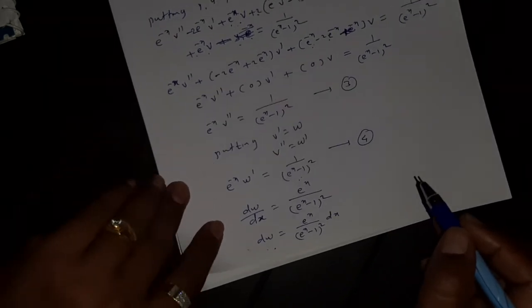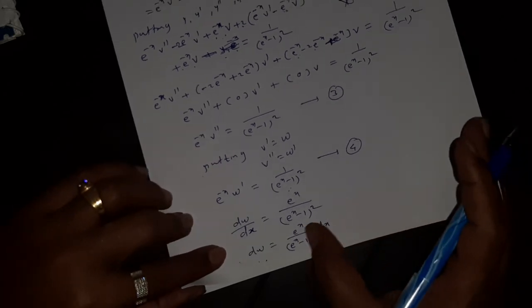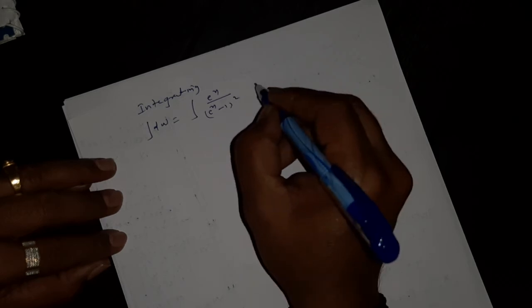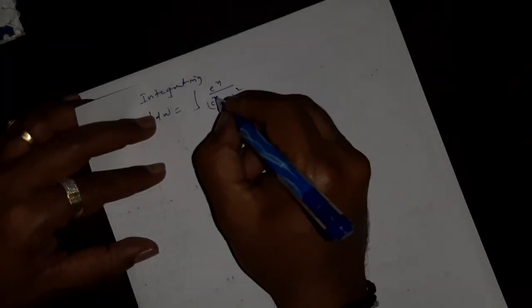We know the linear differential equation. So then integrating. What is the next step? In variable separable form, if the variables are separated, then integrate. So integration of dw, e raised to x over e raised to x minus 1 bracket square dx.